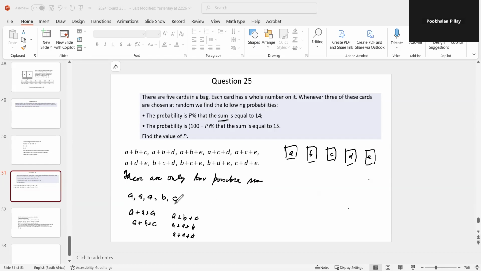Okay, so you have only two numbers, in other words. So this is not possible.